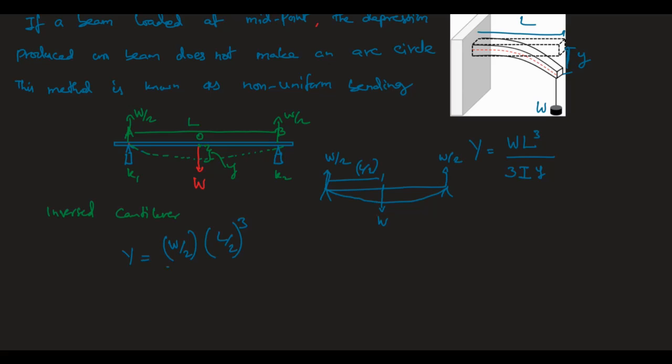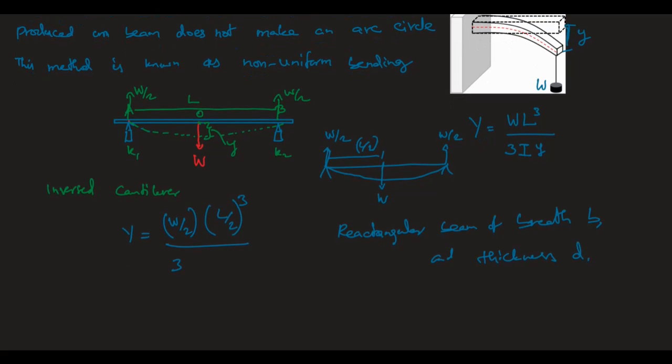W here is W by 2, half of the mass, and then 3 I. It is a rectangular beam of breadth B and thickness D. With that we can get the geometrical moment of inertia, I equal to B d cube by 12.